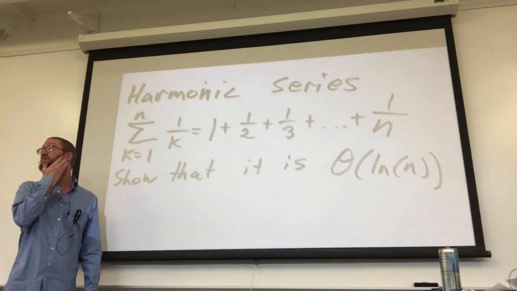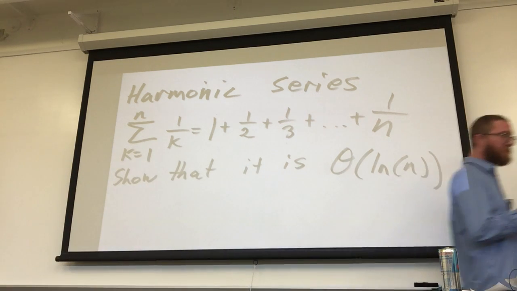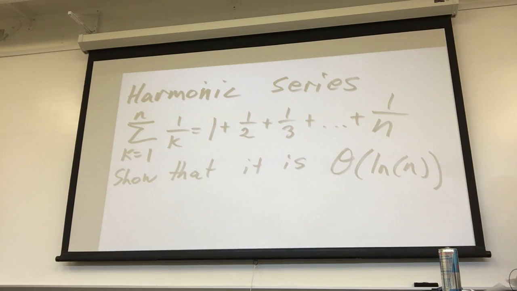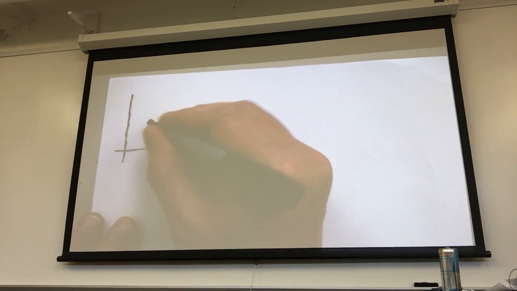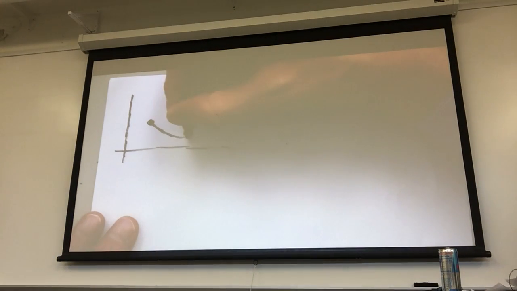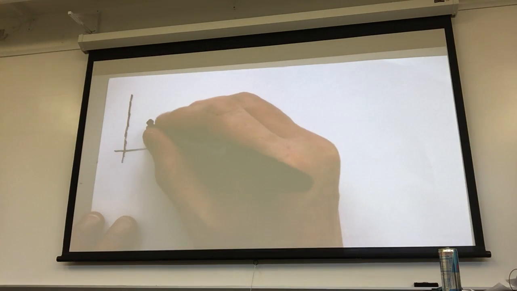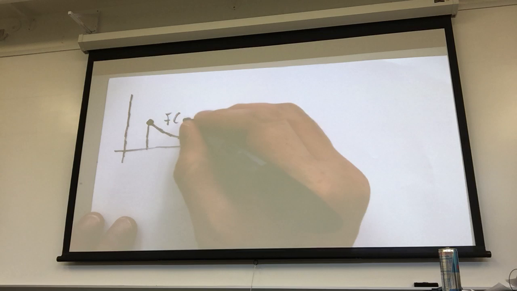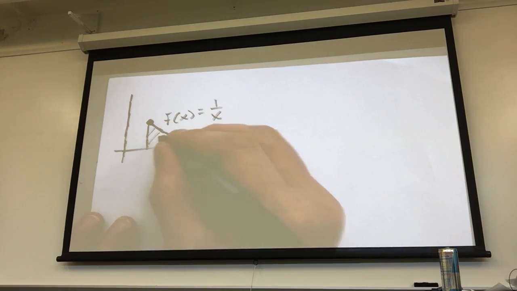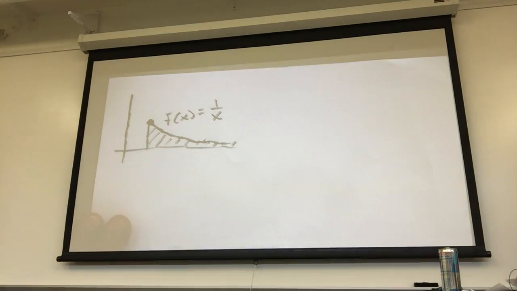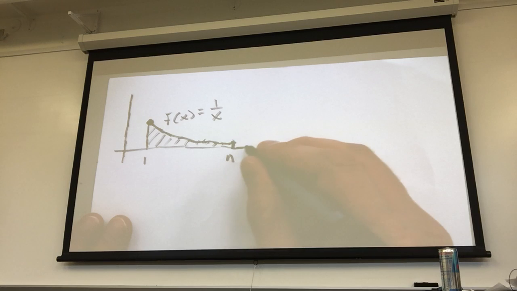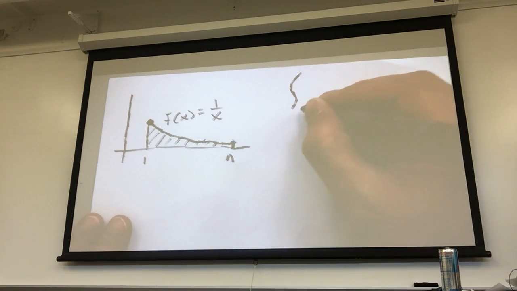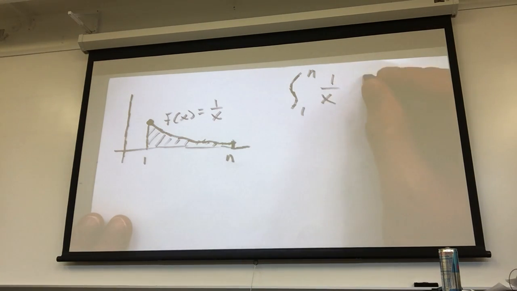So what we're gonna do right now is we're gonna go over the Riemann sum of this thing. Okay, so if I did the function, let's say, okay, so now the integral from 1 to n of 1 divided by x with respect to x.